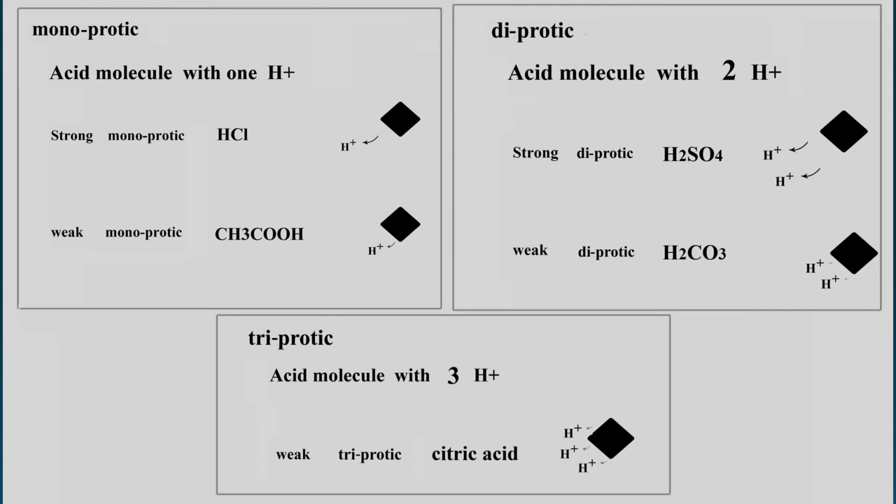So you need to know the nature of that molecule. These 5 are the common molecules that you should know by nature. Like sulfuric acid, once you see sulfuric acid, you know this is a strong acid and it is diprotic. And like H2CO3, you need to know this is a weak acid and it also is diprotic. So for these 5 molecules, students are required to know their nature.